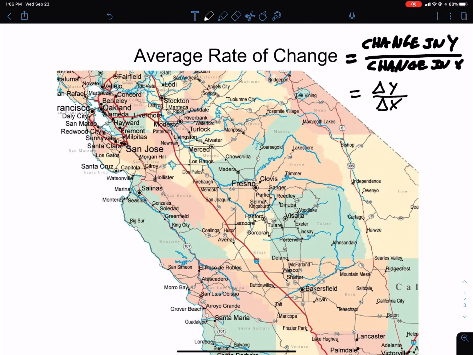And you'll notice this formula here, that's just like the slope formula. You know, when you're finding slopes, it's change in y over change in x. But now it doesn't have to be y's, and it doesn't have to be x's. And so that's the concept of average rate of change. And we're going to do an example where it's not going to be y and x.